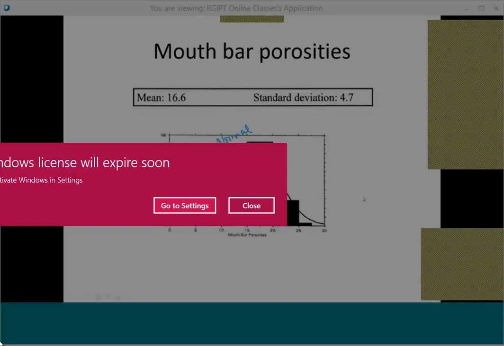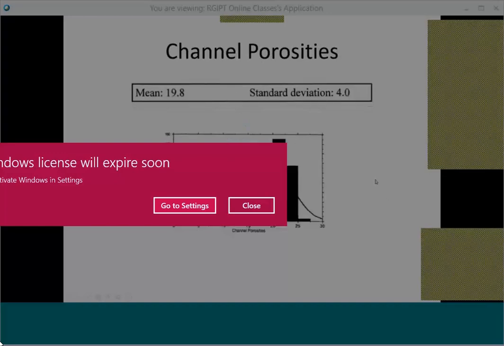You want to fit this curve through that. Channel porosity, again, mean is 19.8 and standard deviation is 4. And so again, you can use this normal distribution curve for this purpose.